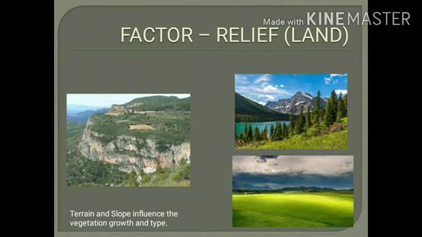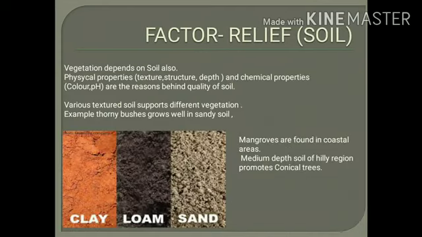Like sandy soil can support thorny bushes. In coastal areas, the salty soil allows the growth of mangroves. In hilly regions we get lots of coniferous trees, and in the alluvial plain area, which has very fertile soil, we get different types of mixed vegetation. So soil is another important factor for promoting the growth of natural vegetation.